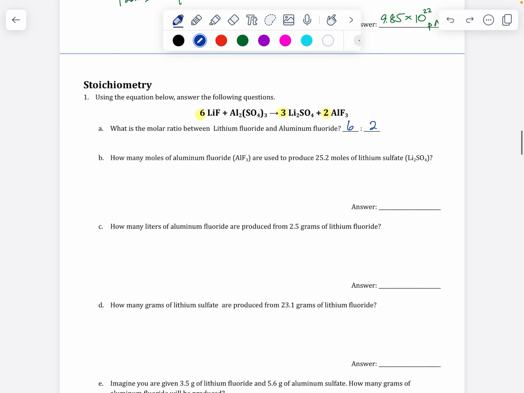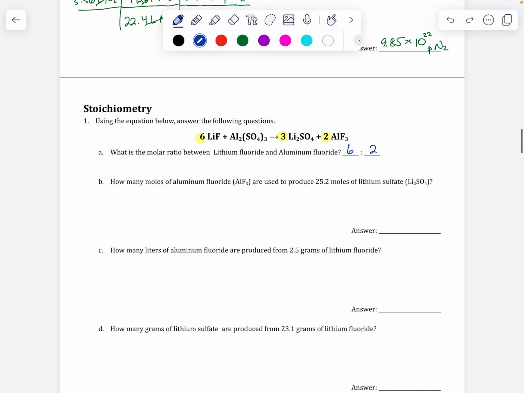In our stoichiometry, remember, there's grams of substance A and moles of substance A to moles of substance B to grams of substance B, or even sometimes to liters of substance B, using our 22.4 liters equals 1 mole conversion here.